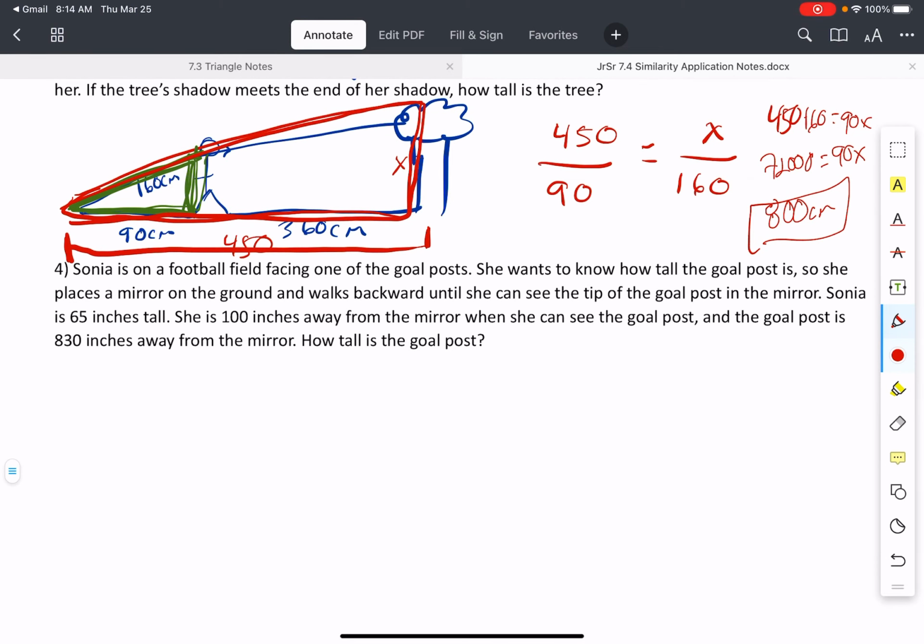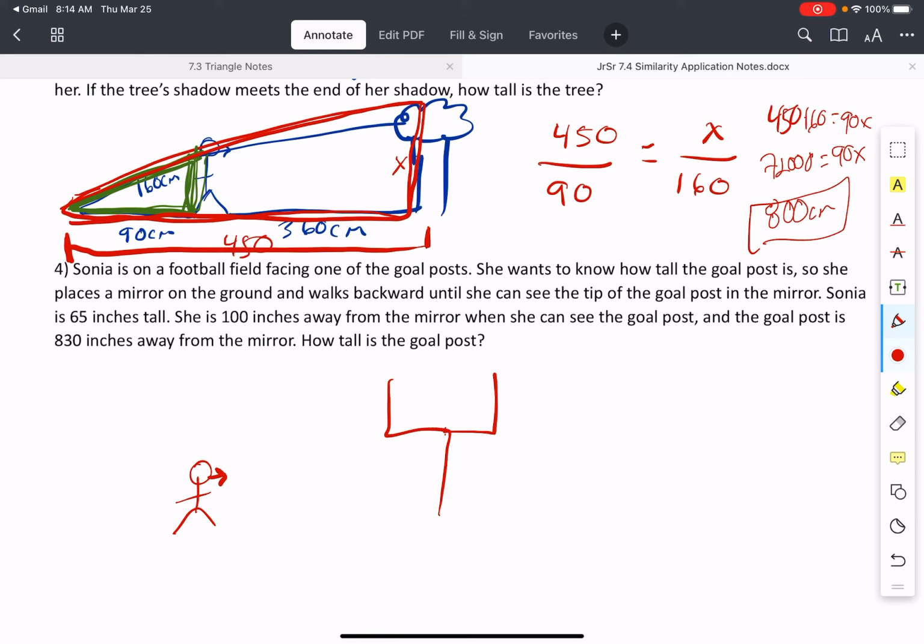Okay, Sonia is on a football field facing one of the goalposts. She wants to know how tall the goalpost is. So she's on the football field. Here's the goalpost. Here's Sonia. She's facing this way, right? So she places a mirror on the ground and walks backward.